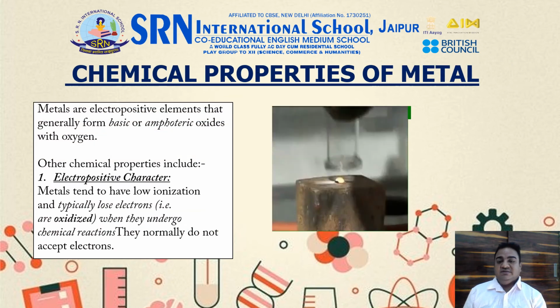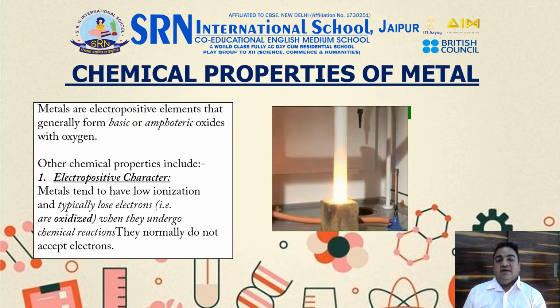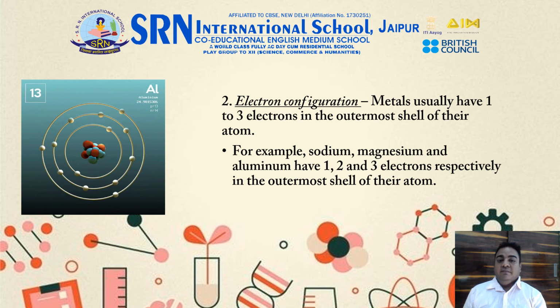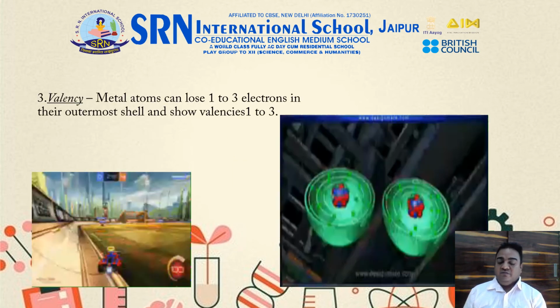Now let us consider the chemical properties of metal. Metals are electropositive in nature, that is, they have a positive charge. Metal's configuration always has 1, 2 or 3 electrons in the outermost shell. Now let us think about what are the valencies of metal.